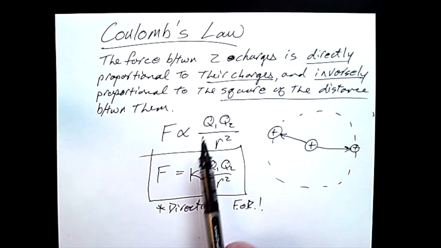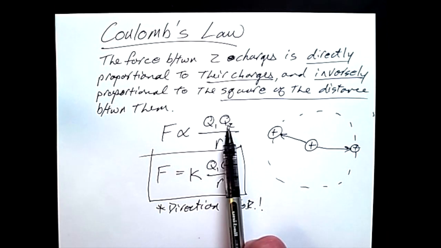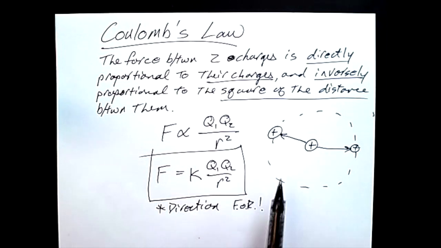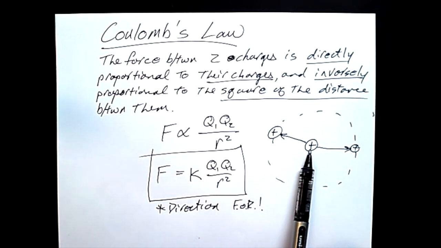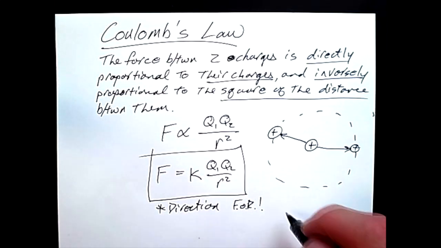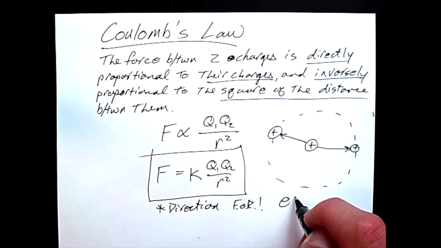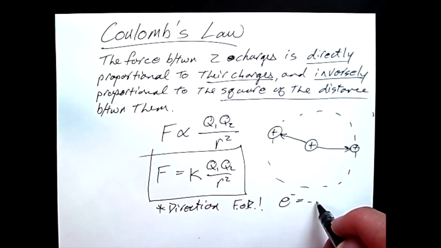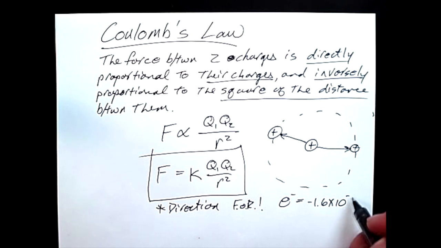So best practice while putting in charges here is to use absolute values for their particular values. Protons, electrons, any charged particle has a known value based on the elementary charge, which is the charge of an electron. 1.6 times 10 to the negative 19th coulombs is the charge of one electron. A proton would be a positive value of that, and any other charges would be an integer factor of that particular value.